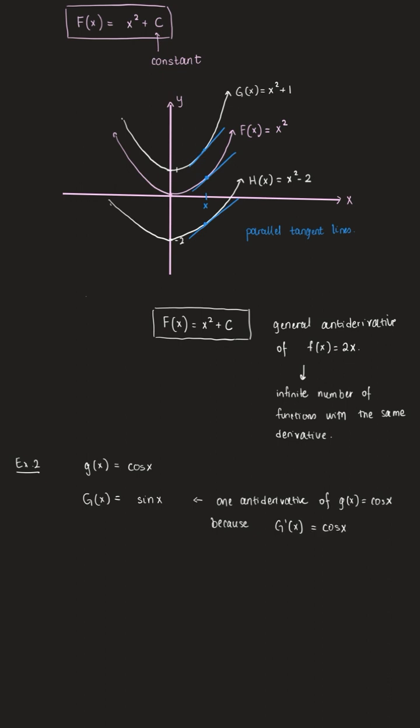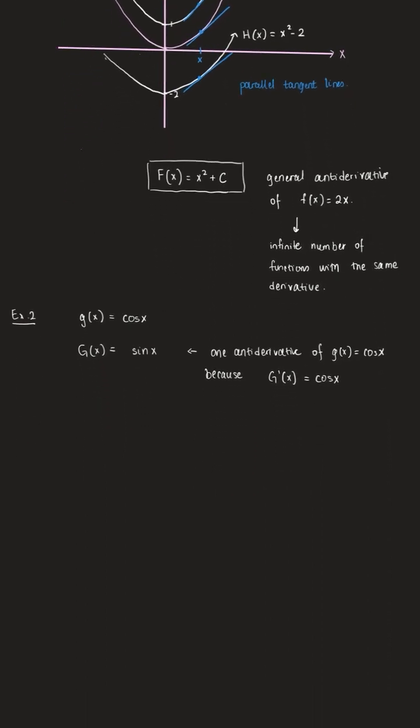But we can find an infinite number of functions that have the same derivative, and that infinite number we can write as, let's say, capital G of x equals sine of x plus some arbitrary constant c, which just means that if I shift sine x up or down with any constant, we're going to have a family of functions that have the same derivative.